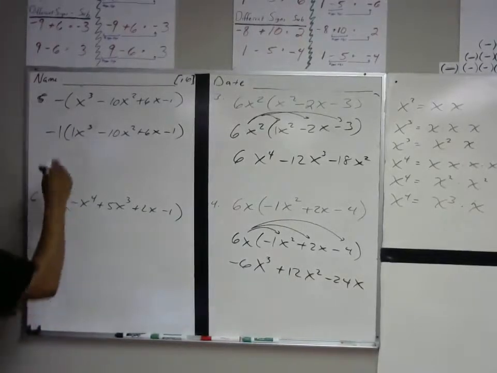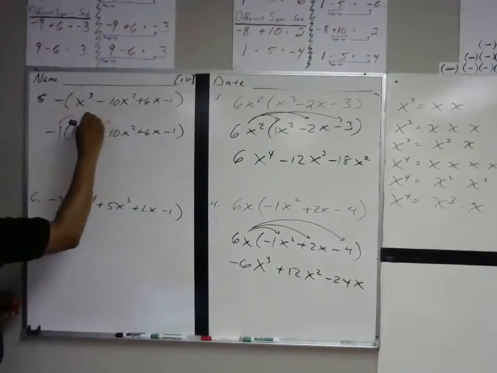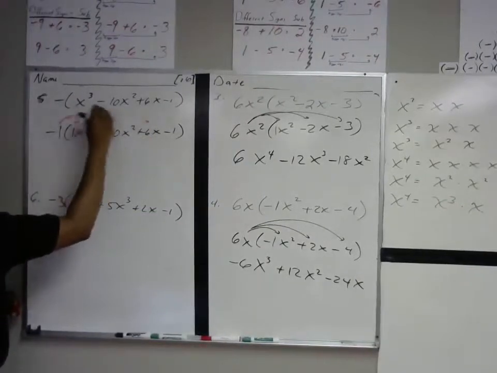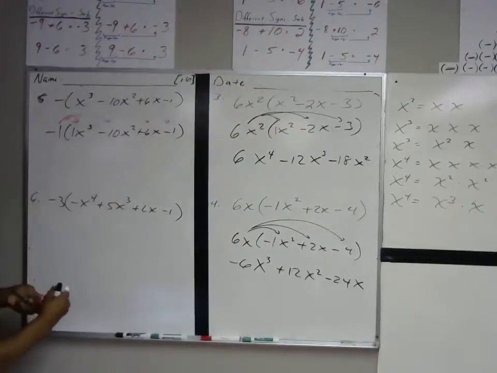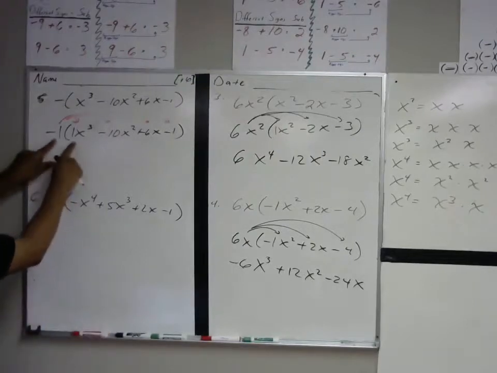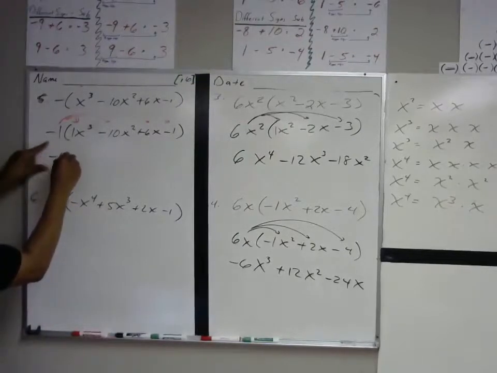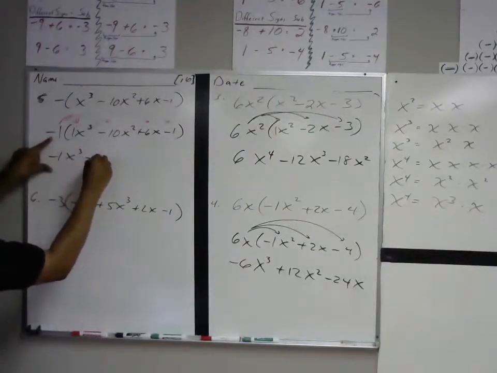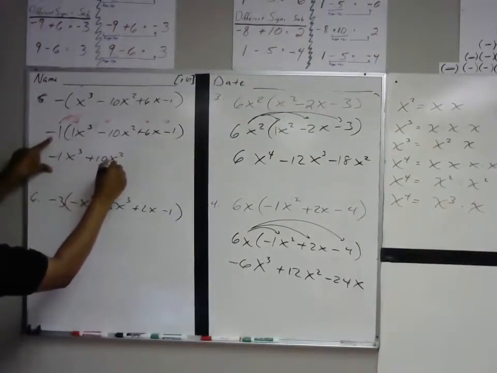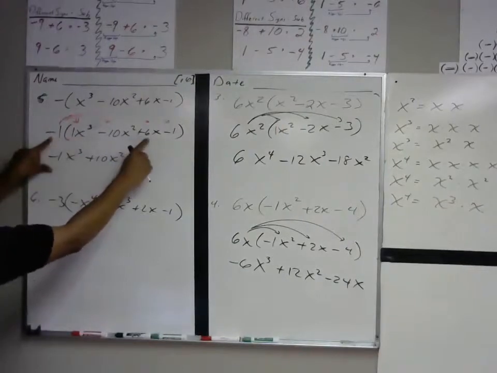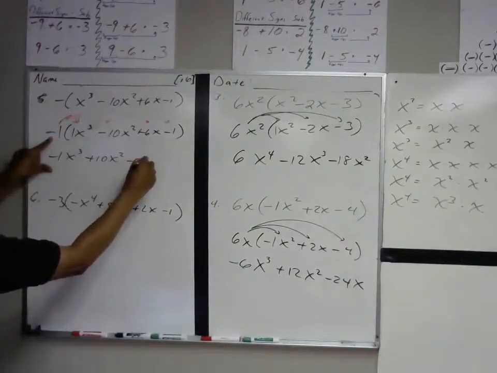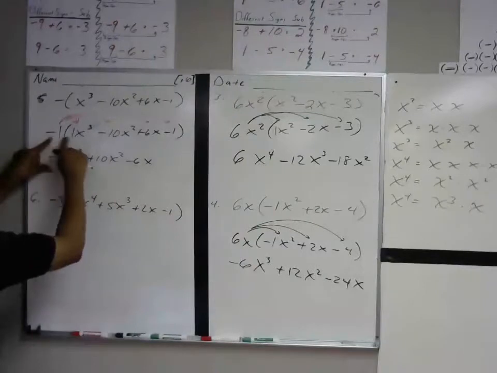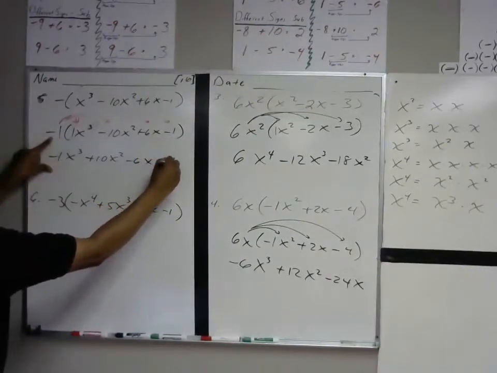And then I'm going to distribute -1 here, here, and here. So, -1 times 1 is -1 times x to the third power. -1 times -10 is +10, x to the second power. -1 times +6 is -6 times x. And -1 times -1 is +1.